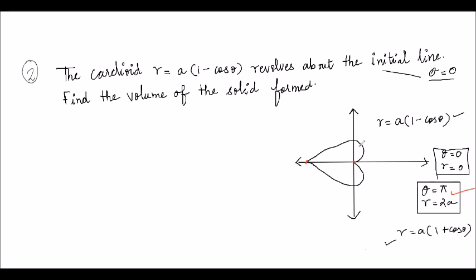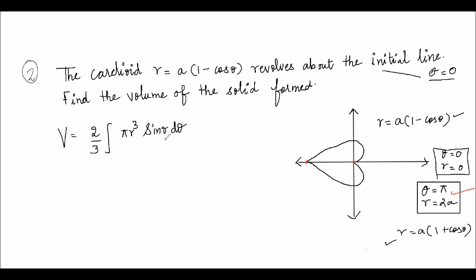The curve is polar, so we will use the formula which we have for polar curves. The formula for the volume in the case of polar curves, if the axis of revolution is the initial line, is 2 upon 3 pi integral of r cube sine theta d theta.